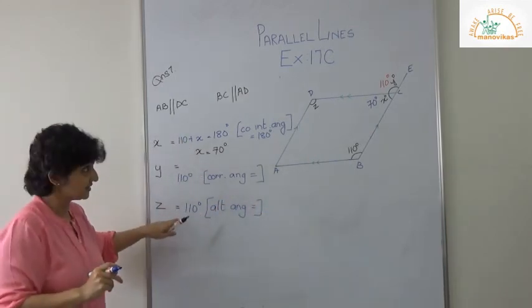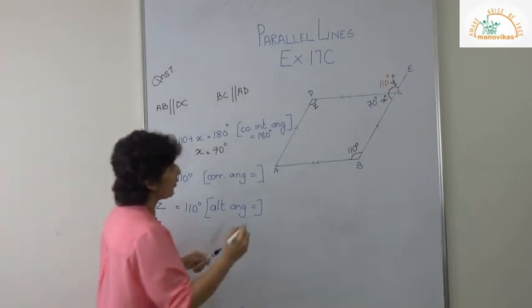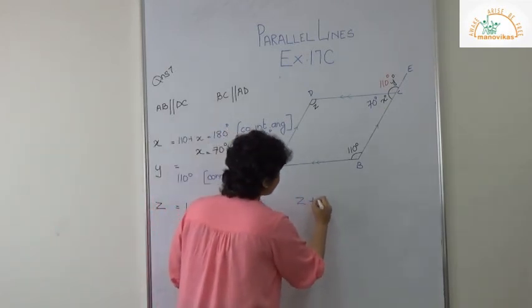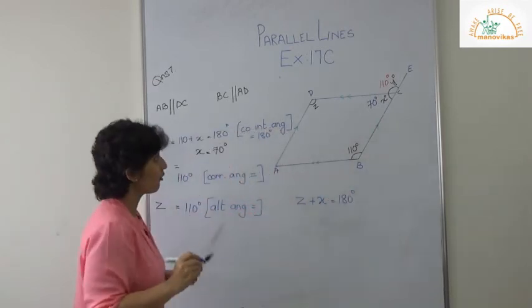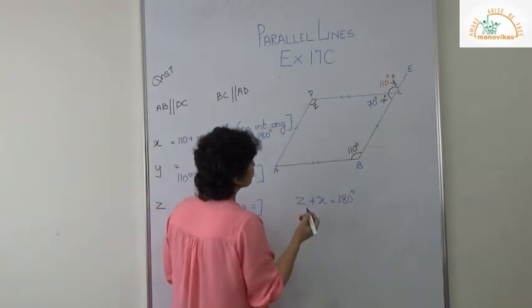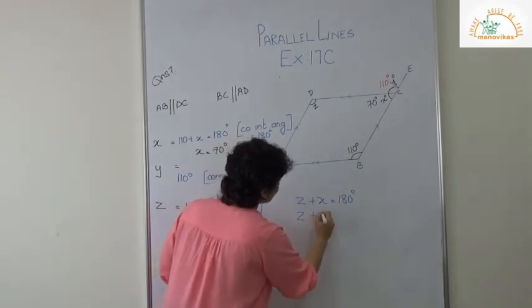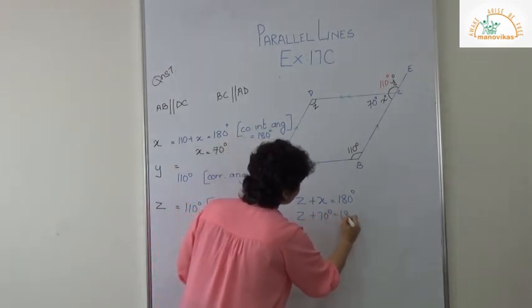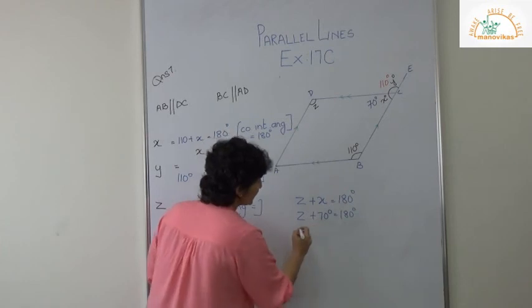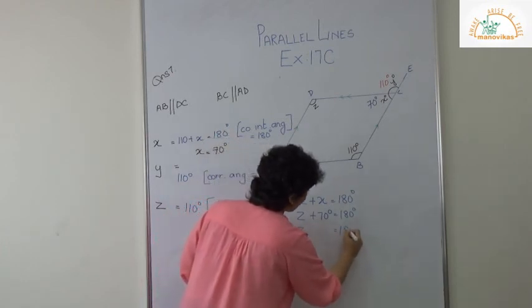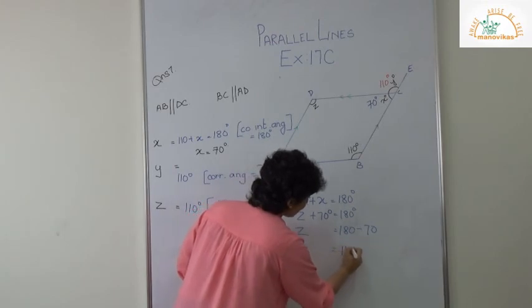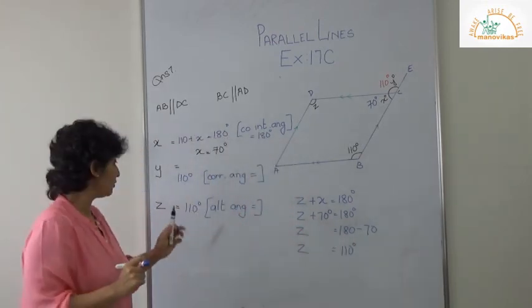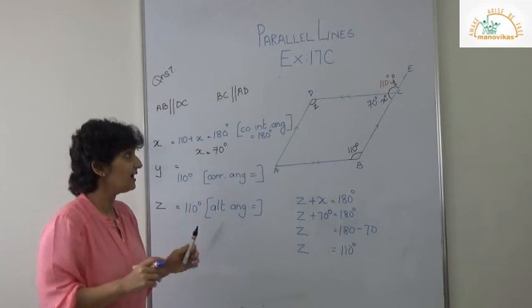You can do it this way or you can also try Z plus X is equal to 180 degrees. You are not wrong. So what is Z you need to find out? Z plus 70 is equal to 180 degrees. So Z is equal to 180 minus 70, where Z is equal to 110. Any way you do it, your answer will be 110.